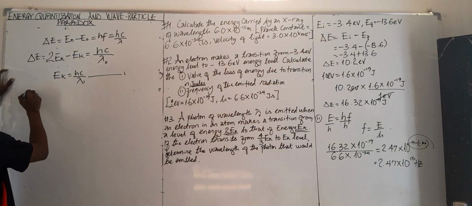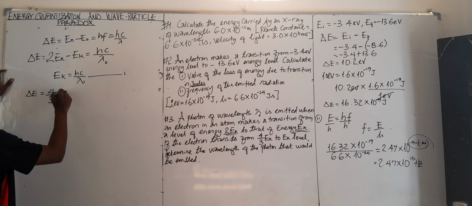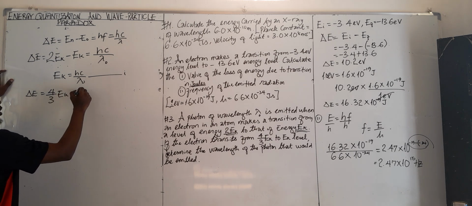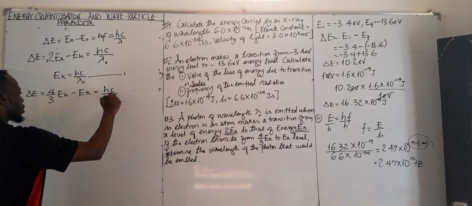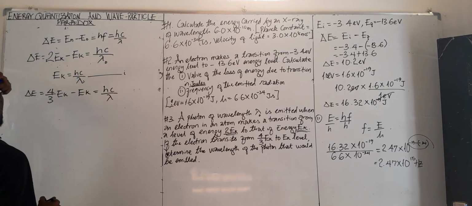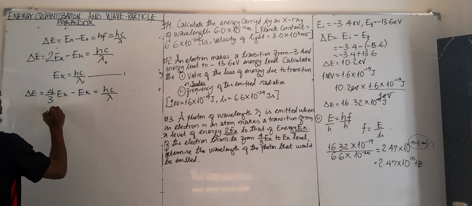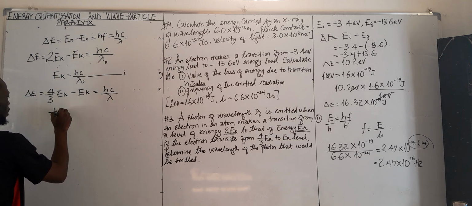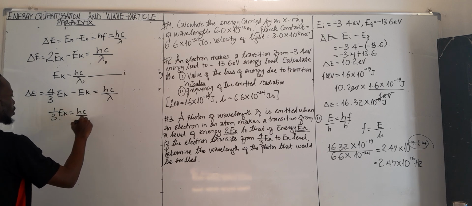So that will be change in energy, 4/3 EK minus EK equal to hc over lambda. Now, 4/3 EK minus EK should give us 1/3 EK equals hc over lambda.